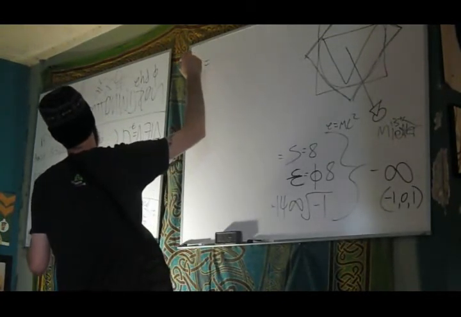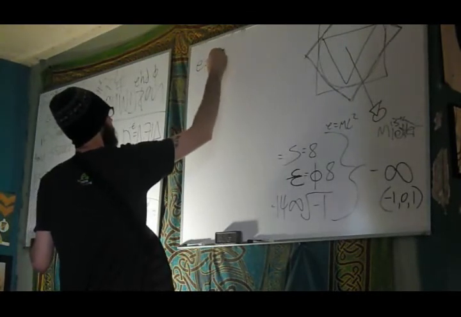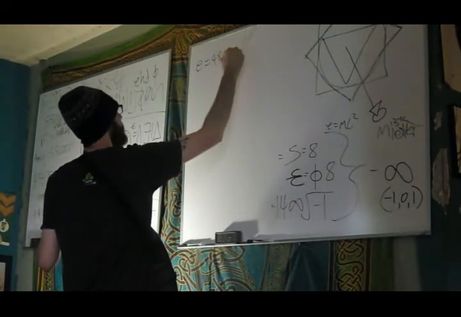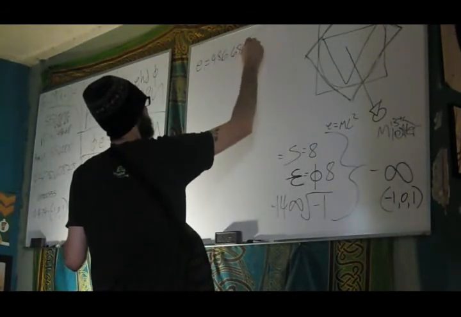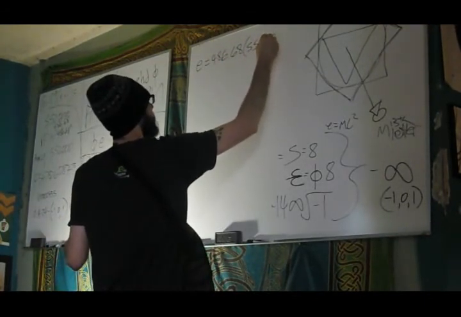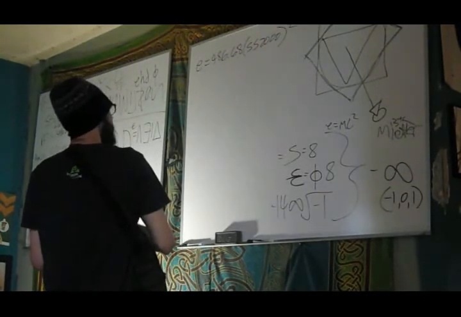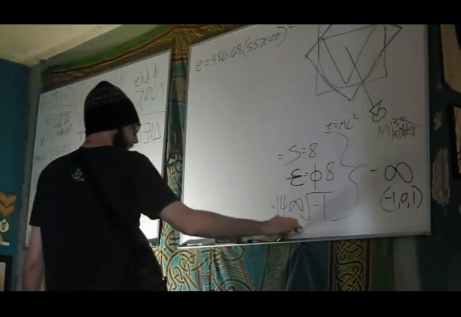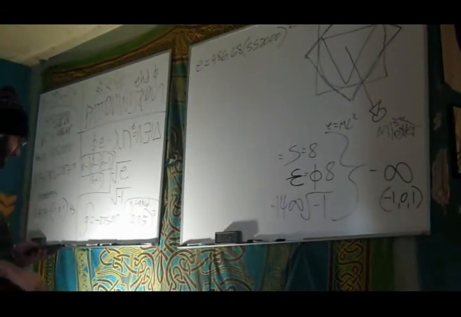Say you have 486.68, and then you put this in.